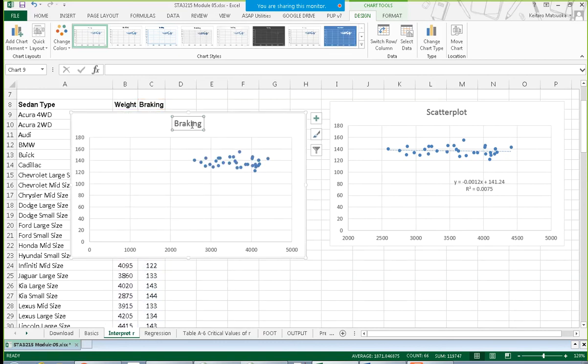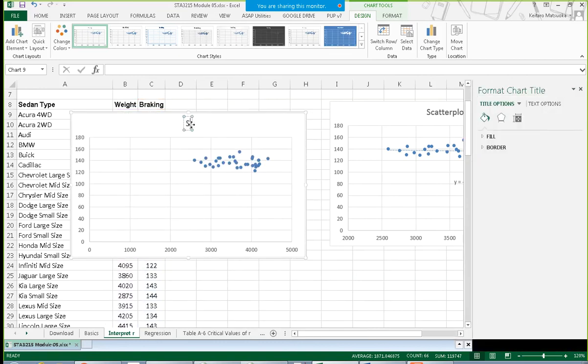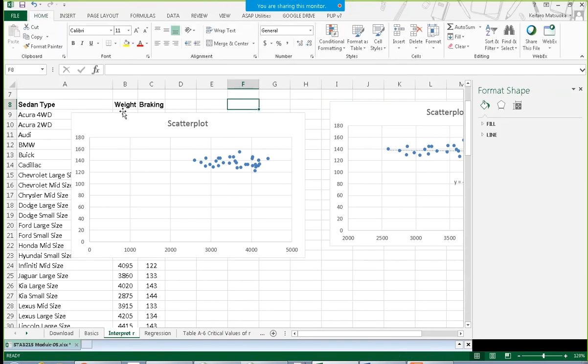Change the title to say scatter plot, because we're not really looking at the braking distance itself. We're just looking at the correlation between weight and braking distance, so that's not the correct title. You notice that this is kind of bunched together to the right. There's nothing going on between, say, 0 to 2000, 2500 or so.